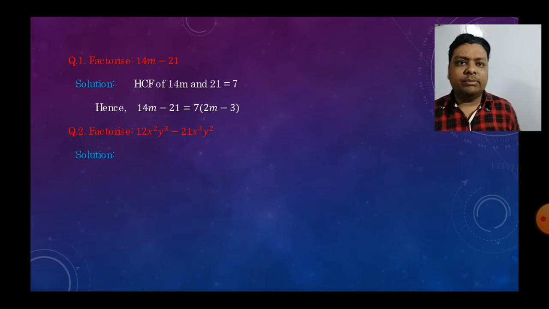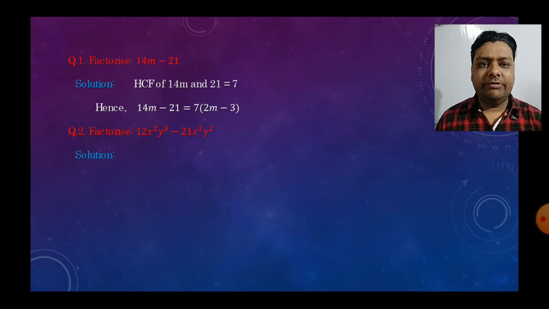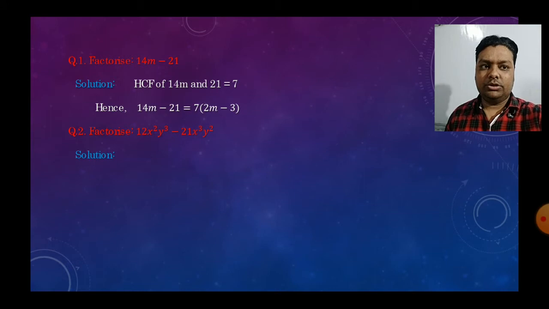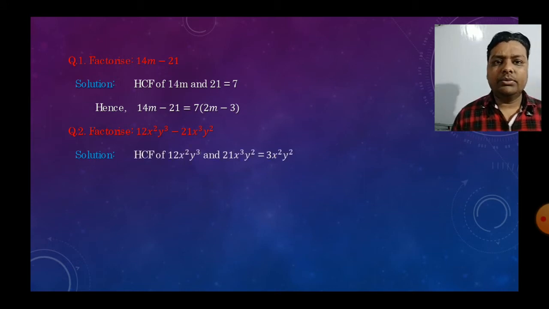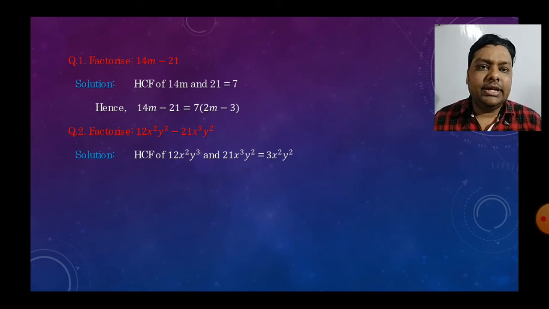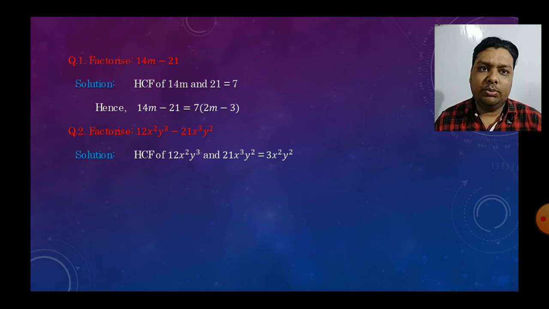Both numbers are divisible by 3, so 3 is the constant part. Now the variables. In the first term it is x square and in the second term it is x cube, and the lowest power is x square, so we take x square. The first term has y cube and the second term has y square, and the lowest is y square, so we take y square.